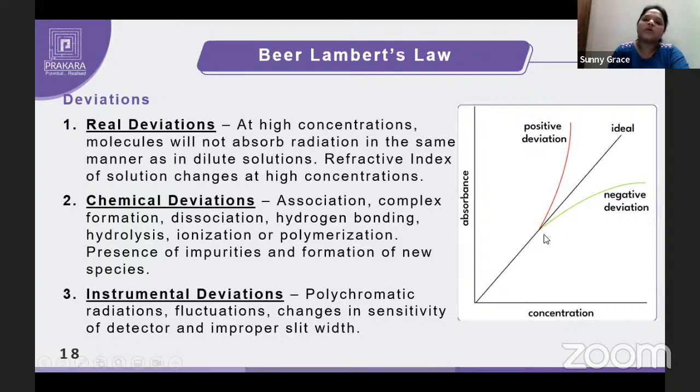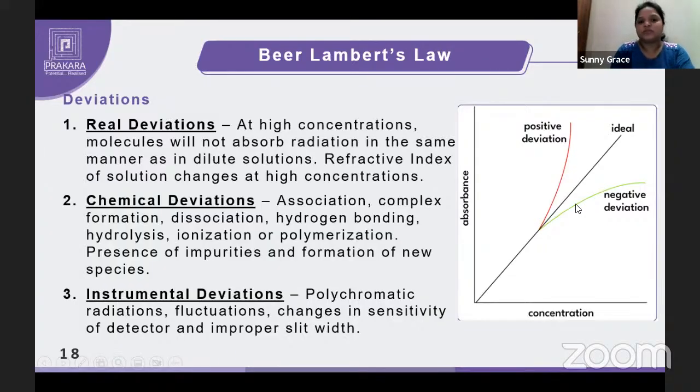When you see concave upwards, it is known as positive deviation, and whenever you see concave downwards, it is called negative deviation. Positive deviations are something you will observe where there is less change in concentration and a large change in absorbance. Coming to the negative deviations, you will see a large change in concentration and less change in absorbance.